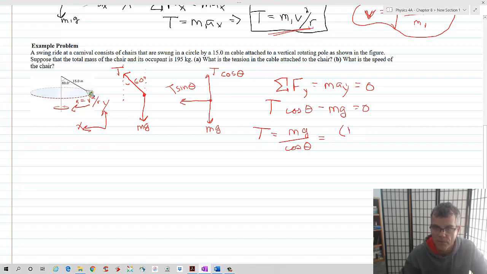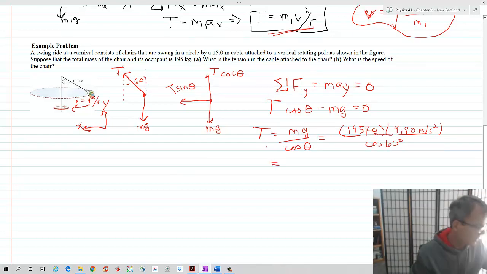So my mass, 195 kilograms, g, 9.8 meters per second squared, never negative 9.8, divided by the cosine of 60 degrees.